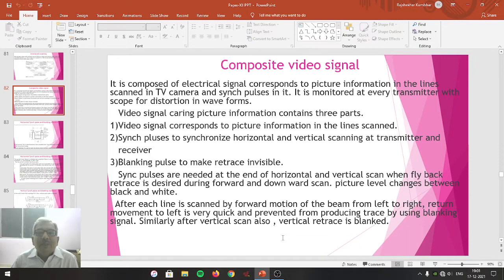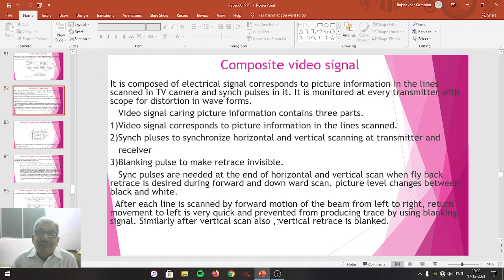Friends, while studying the aspect of scanning, we studied that at the end of every horizontal trace period or at the beginning of every horizontal retrace period, and also at the end of every vertical trace period and at the beginning of every vertical retrace period, sync pulses and blanking pulses are introduced.